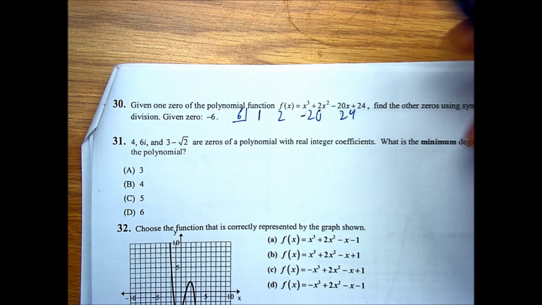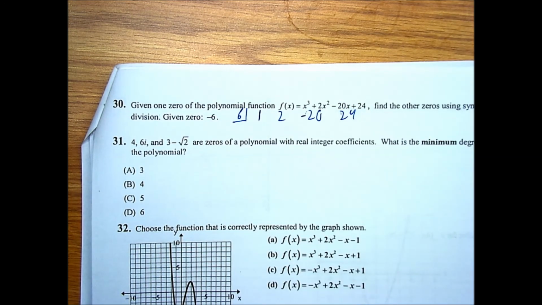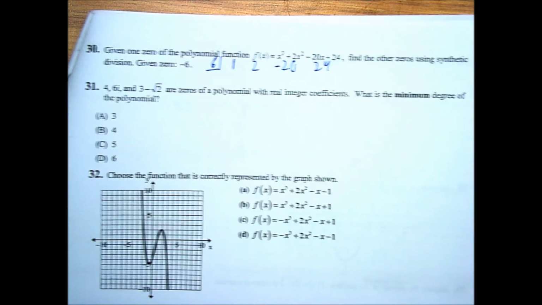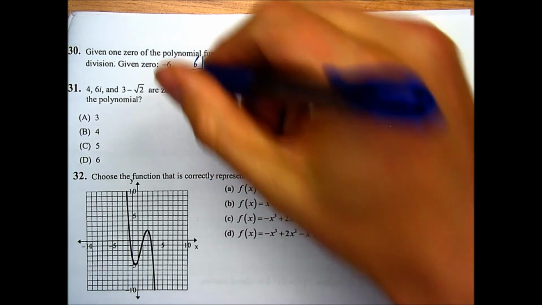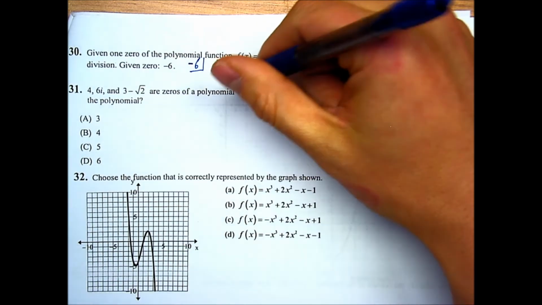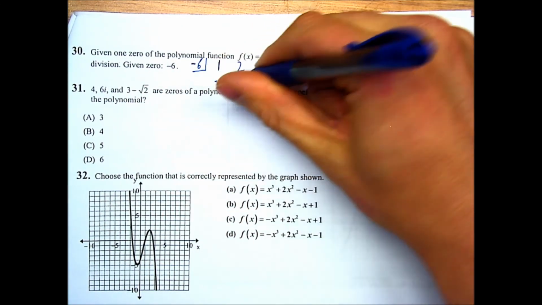Now I have to be careful whether I'm using a +6 or a -6. It says 6 is the 0, so -6 is the 0. I should in fact be using a -6 here, not a +6, because +6 would be the factor. In other words, x plus 6 would be the factor. -6 is the 0 or the x-intercept, in other words. So I'll change that to be the proper item.